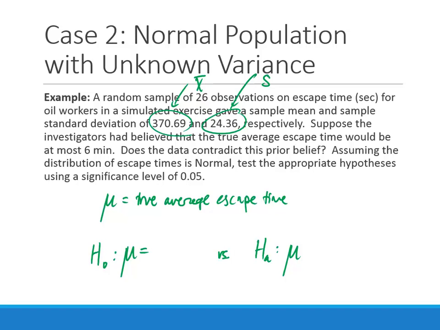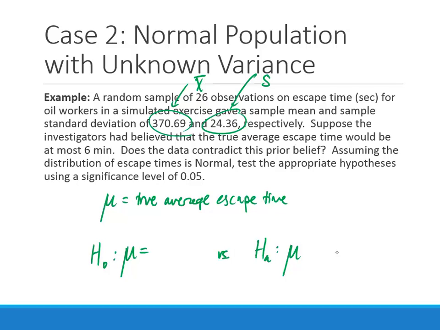So how can I complete my alternative hypothesis here? The claim is that this true mean is at most 6 minutes. So it's either less than or greater than, right? Less than 6, yeah.